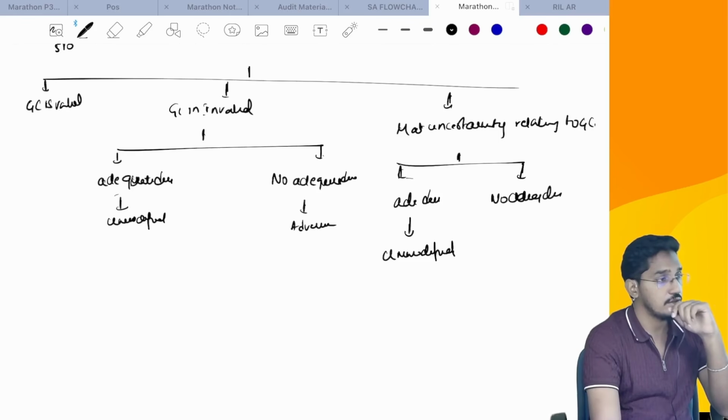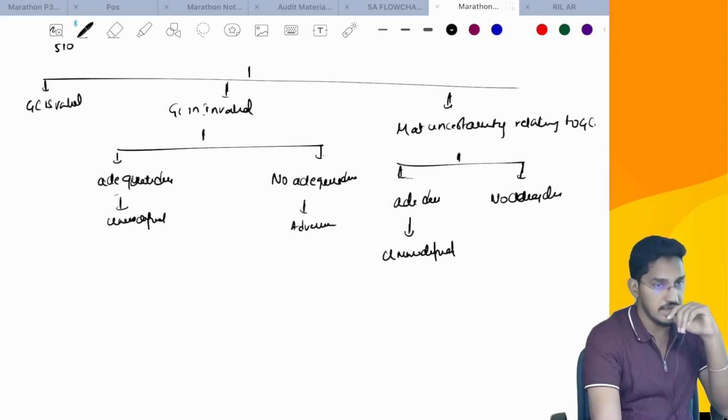What can he do? Emphasis of matter paragraph. The matter which is already presented or disclosed in the financial statements, but is very fundamental to users' understanding of the financial statements, is required to be highlighted in an emphasis paragraph.